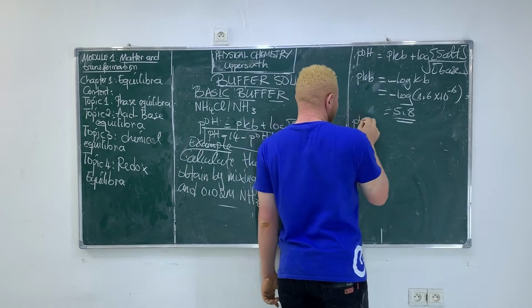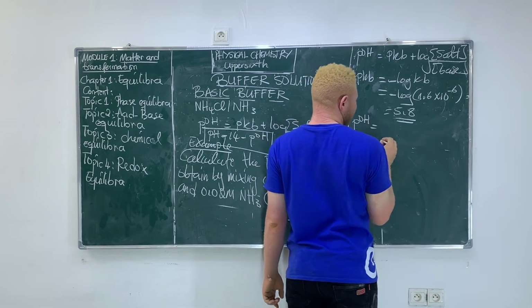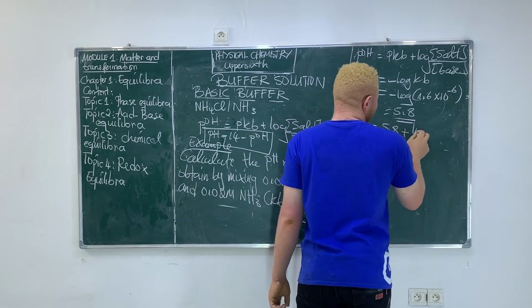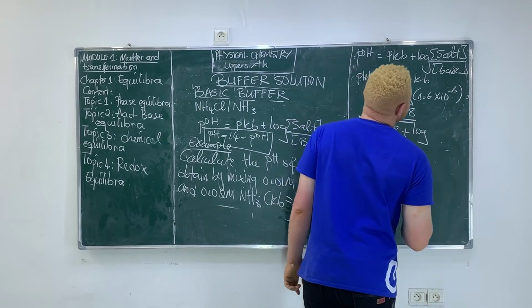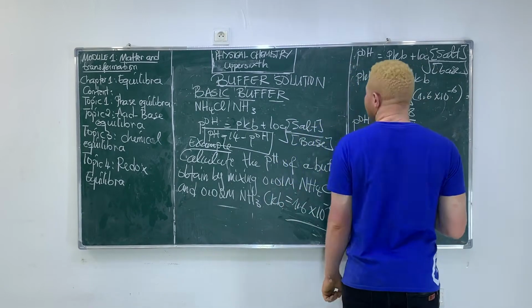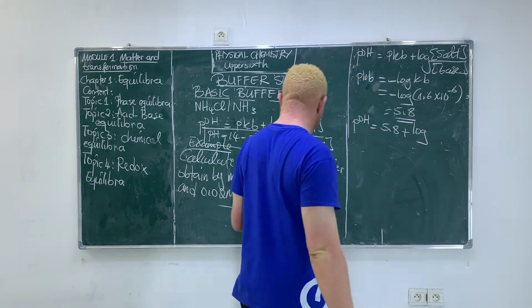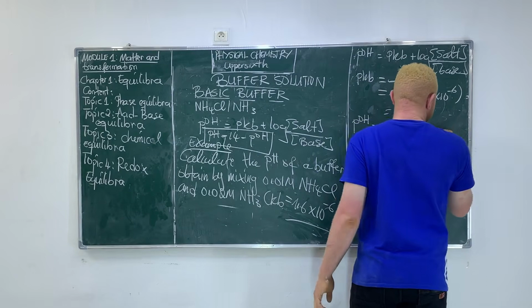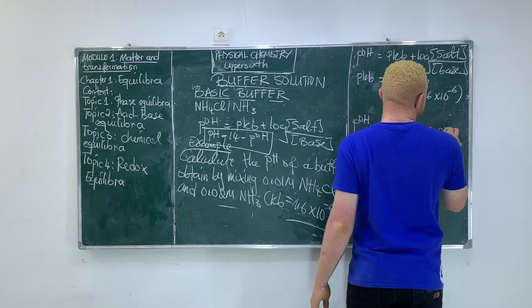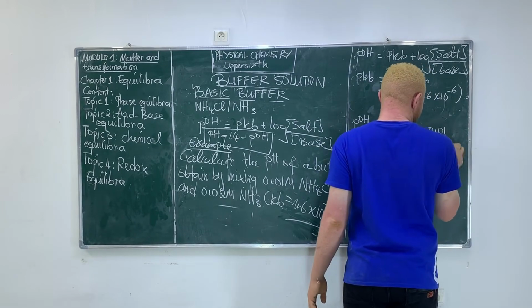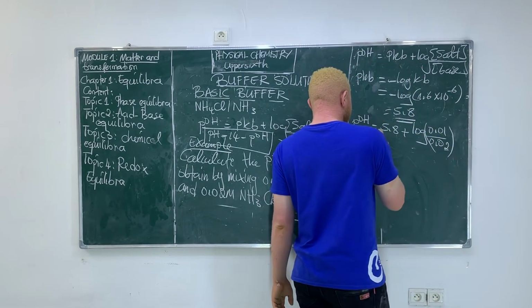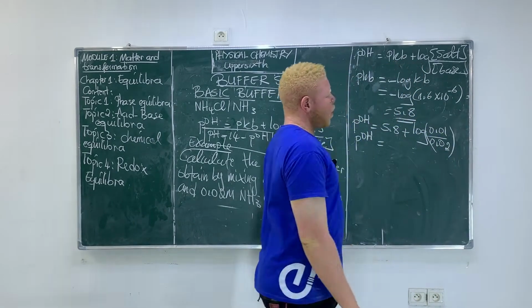Applying the formula, pOH is equal to 5.8 plus log of the concentration of the salt. The salt is ammonium chloride, which is 0.01, divided by the base, 0.02.